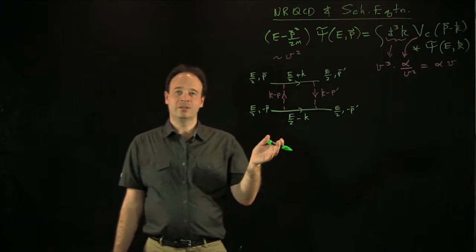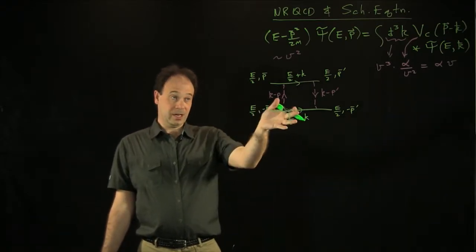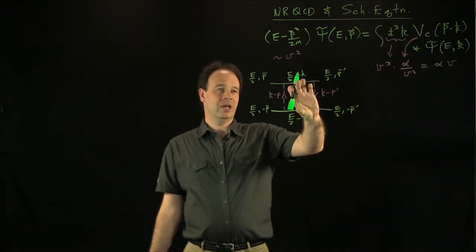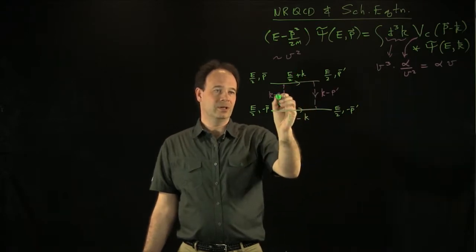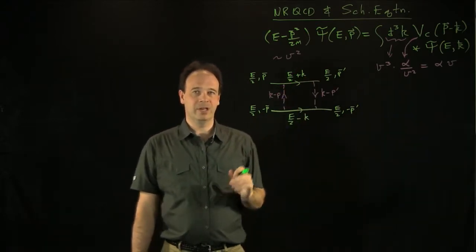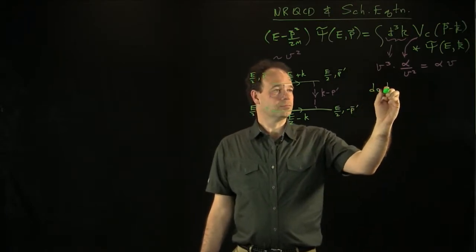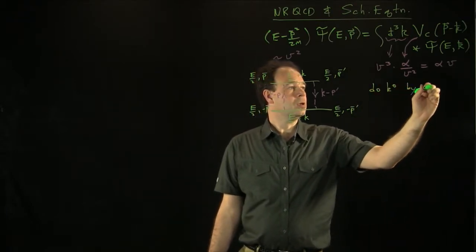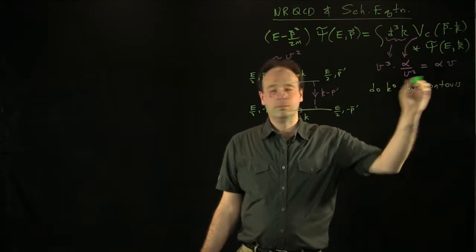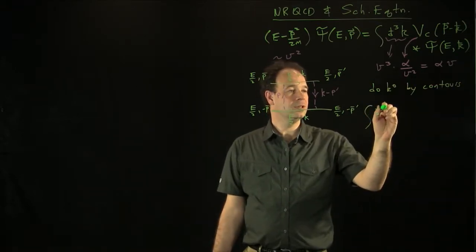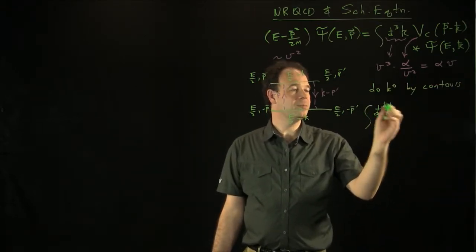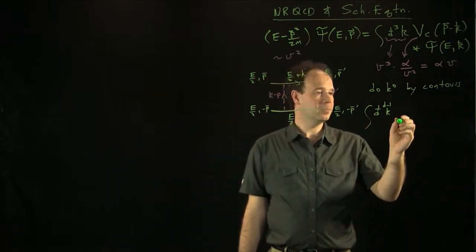And just like in the non-relativistic contact interaction case, here we can do the energy integral, the k0 integral, because these two propagators, these purple propagators, don't depend on k0. So we do the k0 by contours. So we have, in d dimensions, a d minus 1 dimensional 3-vector type integral.